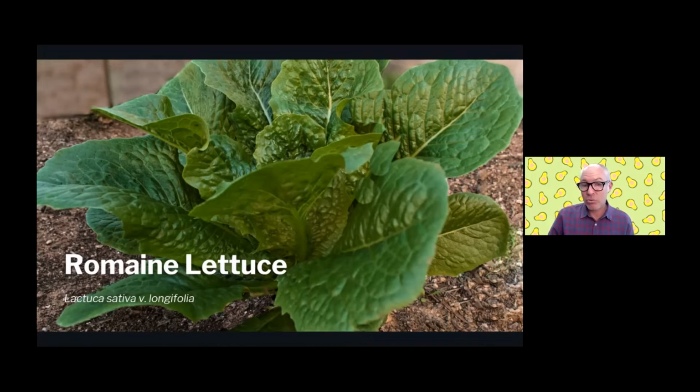Romaine lettuce, which is a cultivar longifolia with long leaves, still is the closest to the wild type, and romaine still does have, you might even be able to taste it, a slightly more bitter taste. And fresh from the garden, if you break the leaves, you can still see a little bit of that white milky sap, that latex, oozing out.